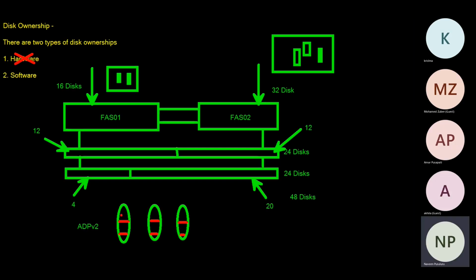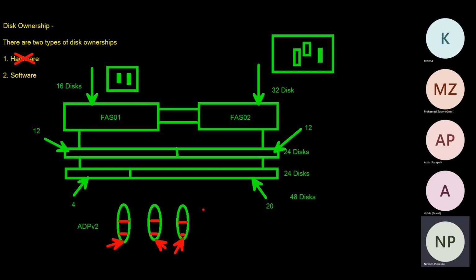So one disk's root partition will be added to controller 1, and the second disk's root partition will be added to controller 2. Like that, we need to distribute the root partitions equally across the drives.